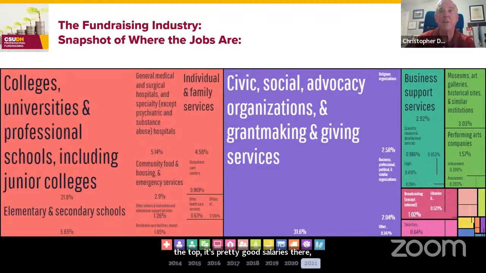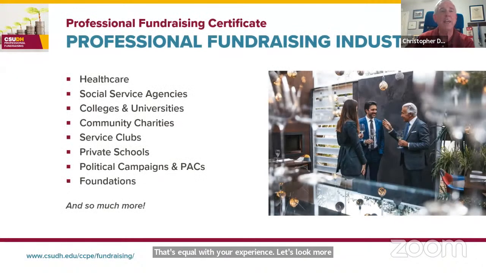But as I mentioned, the average is about $79,000, and it continues to go up. And if you're a successful fundraiser, with a good track record, you can command a salary that's equal with your experience. Let's look more closely for a second here at some of the industries where fundraisers are employed.